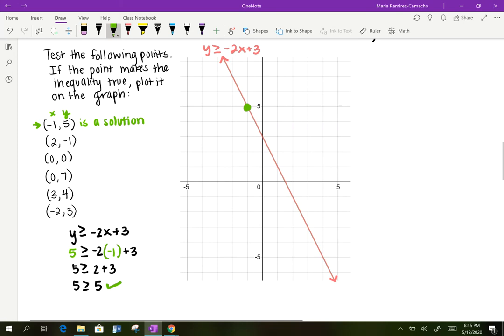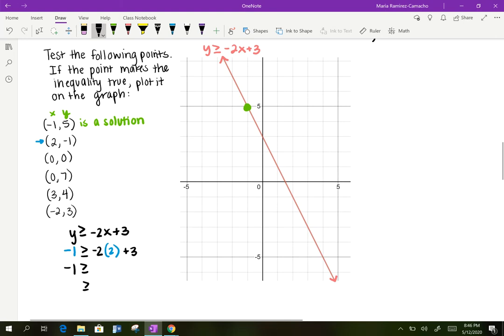Now let's try 2 comma negative 1. You'll notice that the first 3 points are the same ones as we saw before in the previous problem. So I'm going to plug in negative 1 for y, 2 for x.